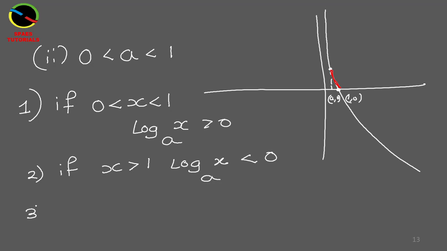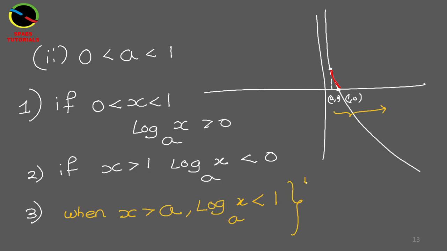The third inequality, which is important, I'm going to mention in another ink. When the x value is greater than a, we can understand, greater than a means from this point, log x base a is always less than 1.